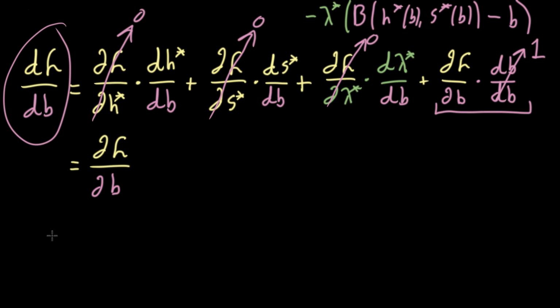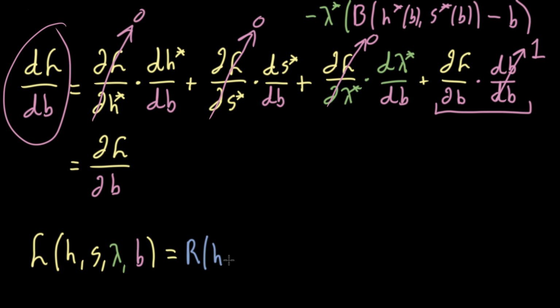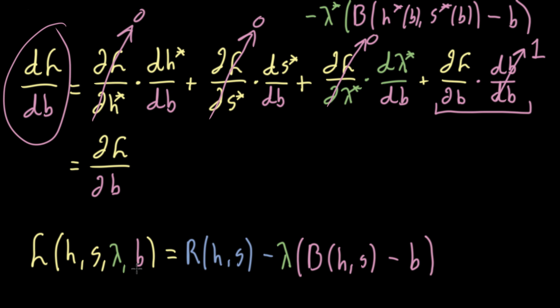If I consider it as a 4-variable function of h, s, lambda, and b, what that equals is r evaluated at h and s, minus lambda multiplied by this constraint function b evaluated at h and s, minus little b. And this is now when I'm considering little b to be a variable.